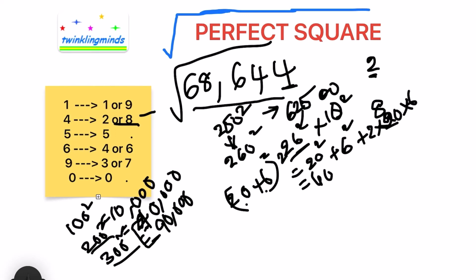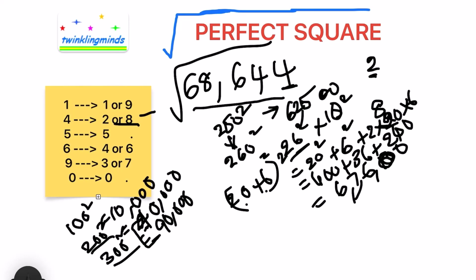This is 400 plus 36 plus 240, it's 676. Then 10 square is 100, that is 2 zeros here. So your value is 67,600. Which is very close.